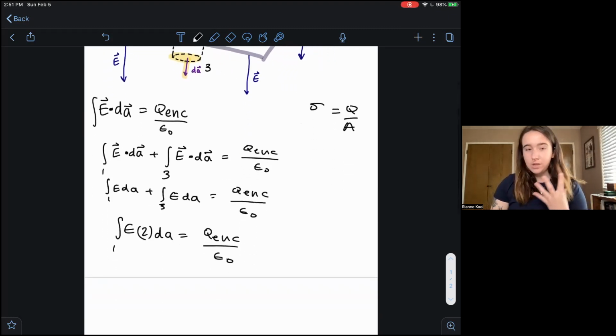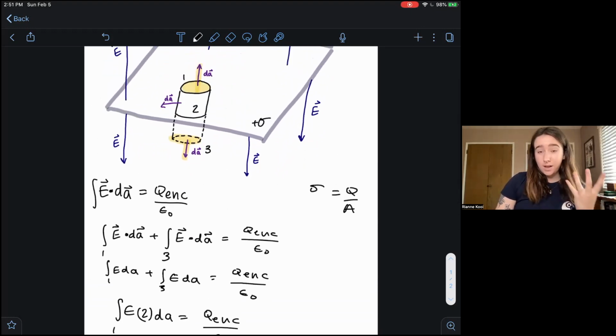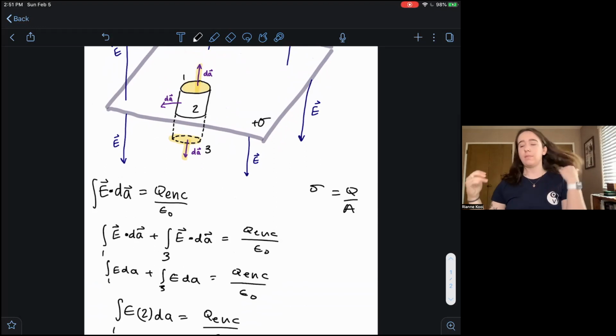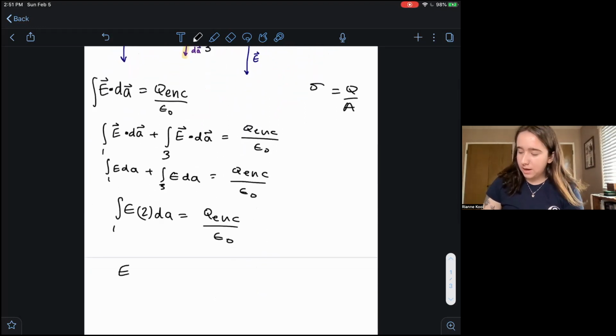So our electric field becomes a constant, and now we know our area of a circle is just pi r squared, but we have two of them with the same electric field going through them. So I'm just going to say that we have E times 2 pi r squared.